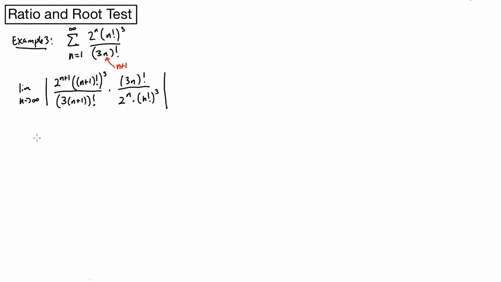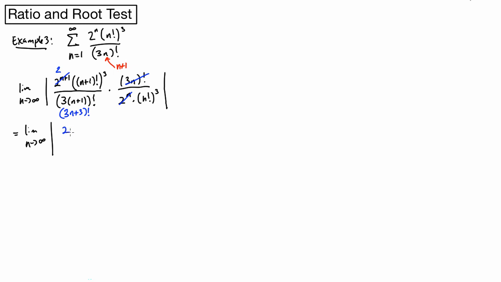All right, it's at this point that we want to stop and analyze what possible cancellations we can make. So 2 to the n will cancel with 2 to the n plus 1, leaving 2. (3n) factorial, now this is where it's interesting. (3n) factorial here, and this is (3n plus 3) factorial. So when this cancels with this, which terms will it leave?